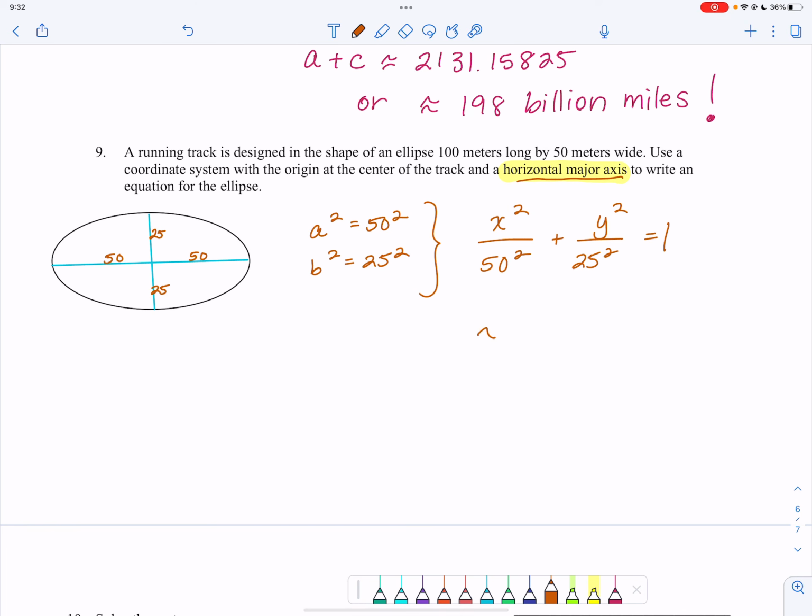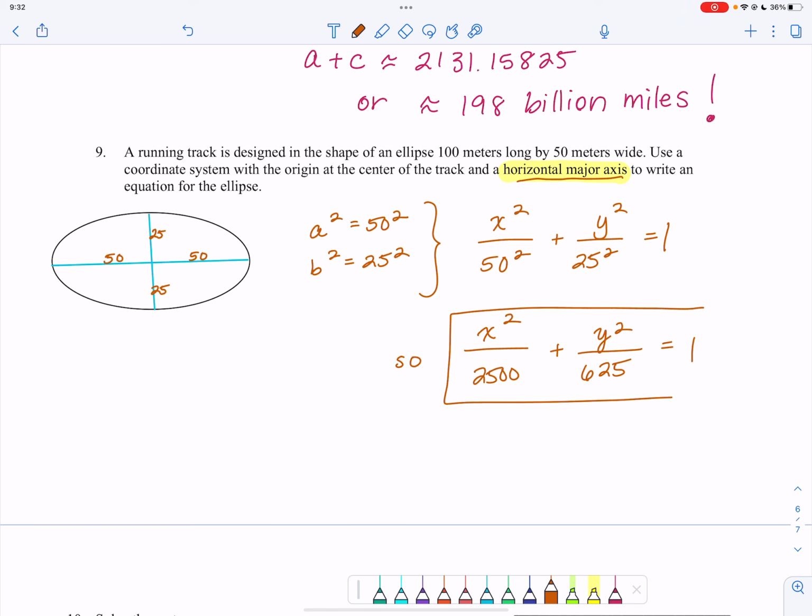And we could go ahead and multiply those out. 2,500, 625, and there you have it.